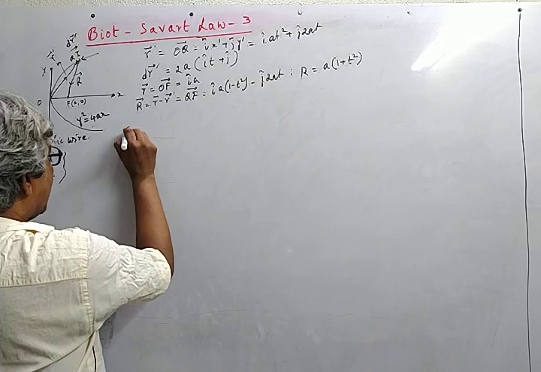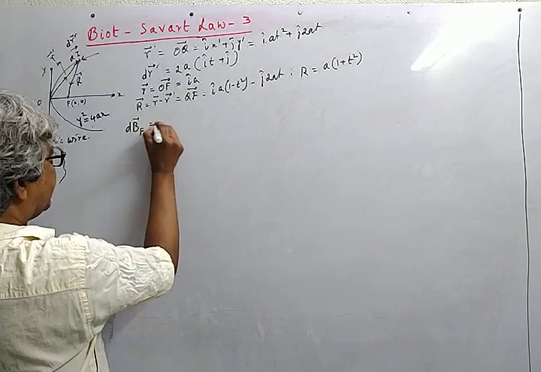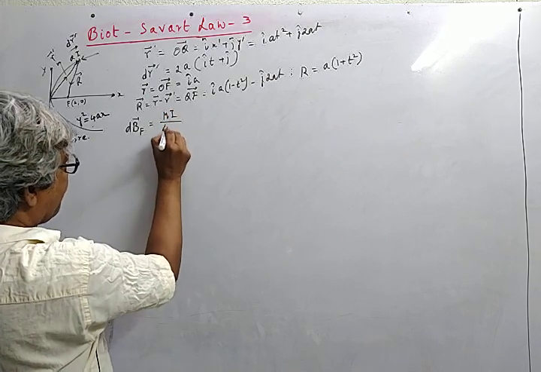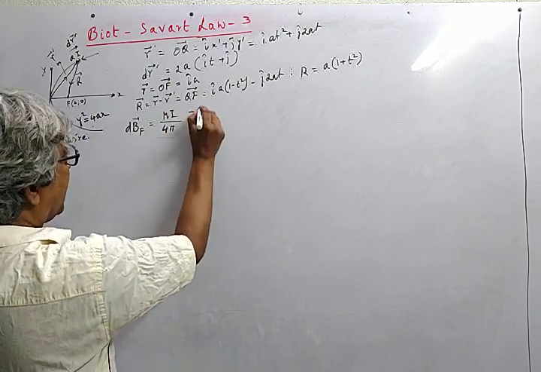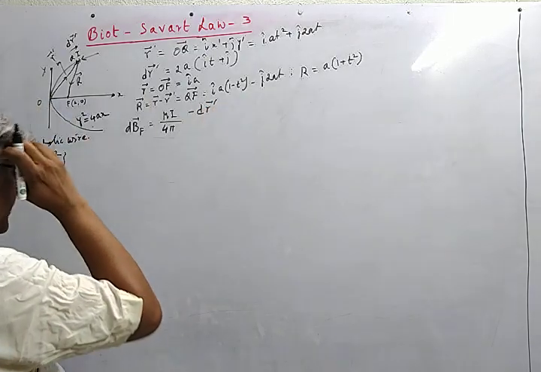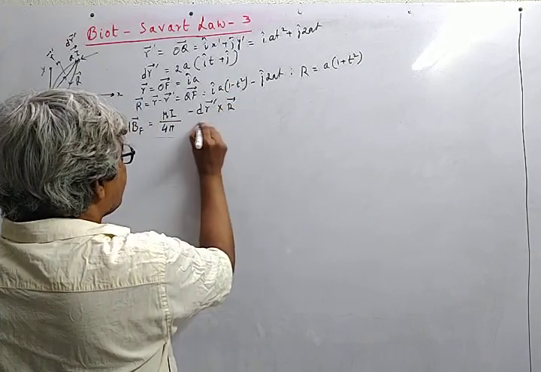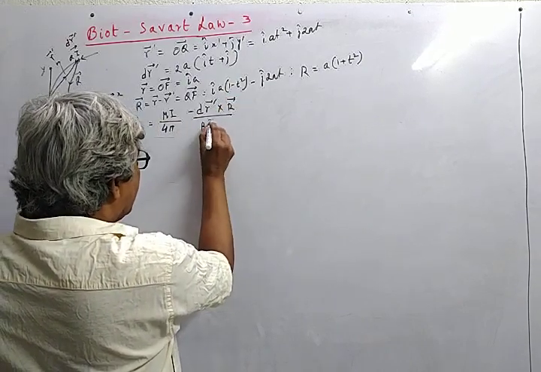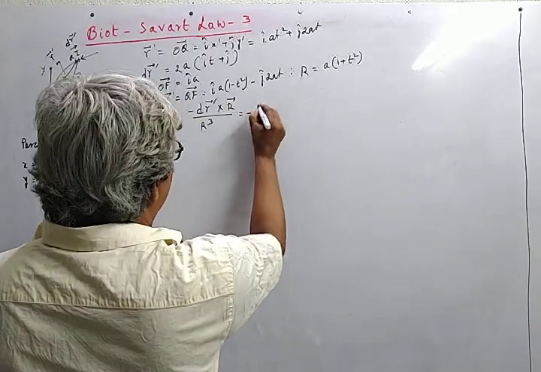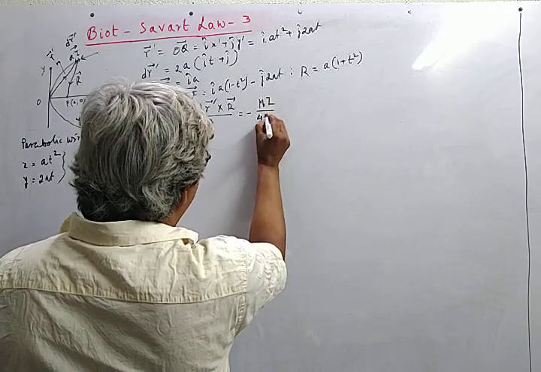So the field B at F, the induction at F, is equal to mu 0 I upon 4 pi, minus dr prime, the minus sign has been explained, cross R by R cube. This is equal to minus mu 0 I upon 4 pi.